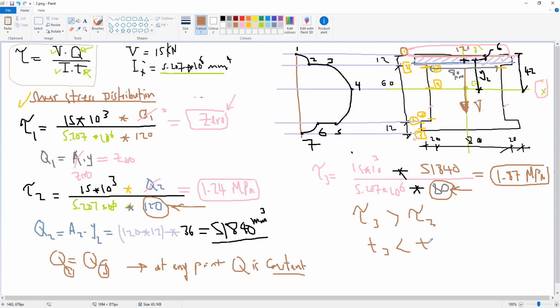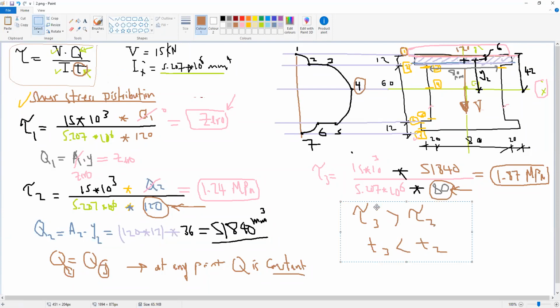Because at any point the only thing that will be different in the equation is T, because we are at the same level or same cut. Okay, so we now have tau 1, tau 2, tau 3, and the last section we need to find is tau 4. How can we find tau 4?